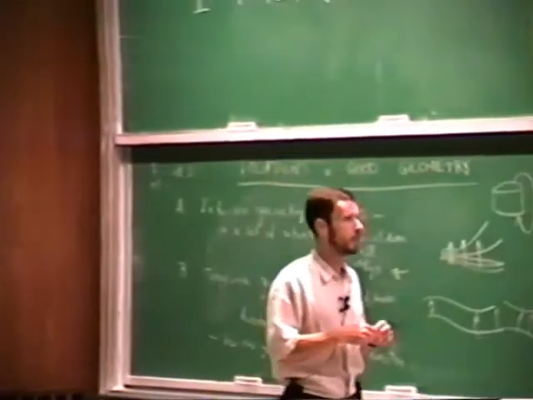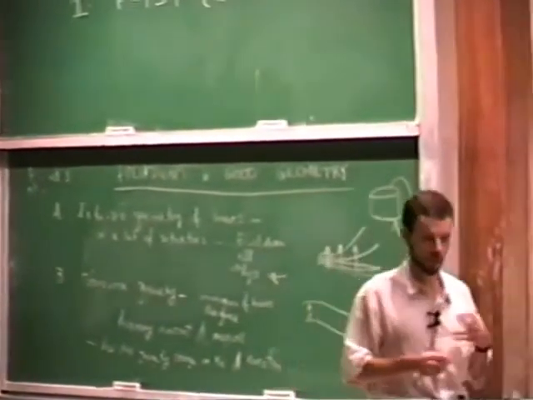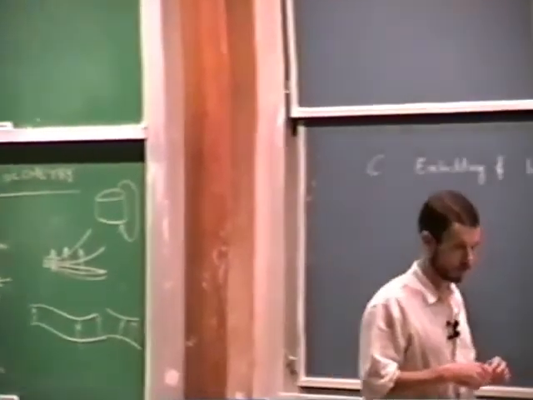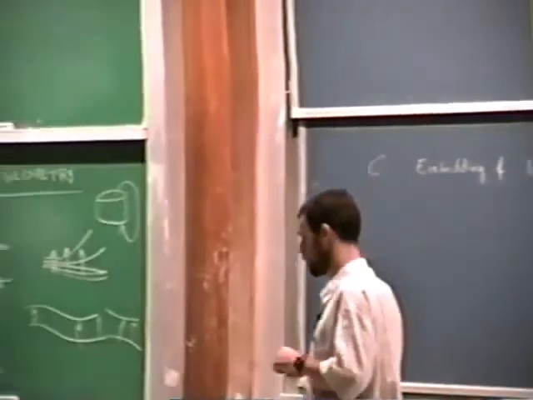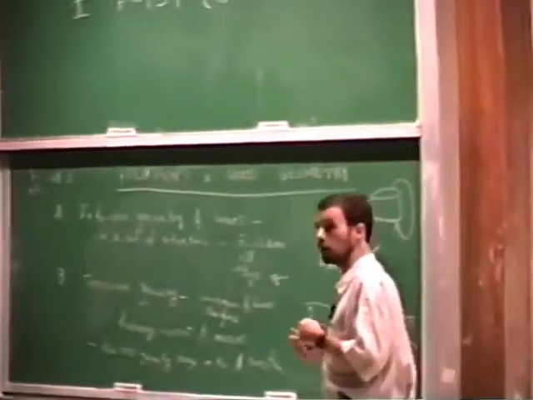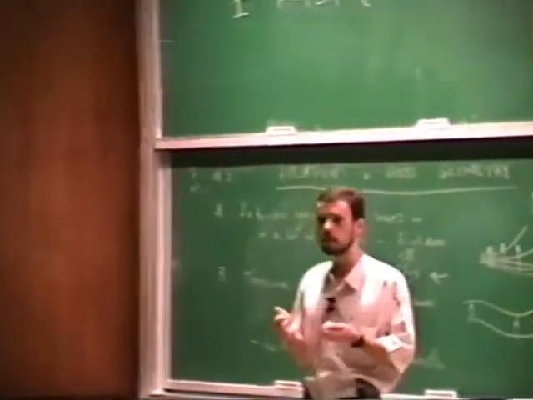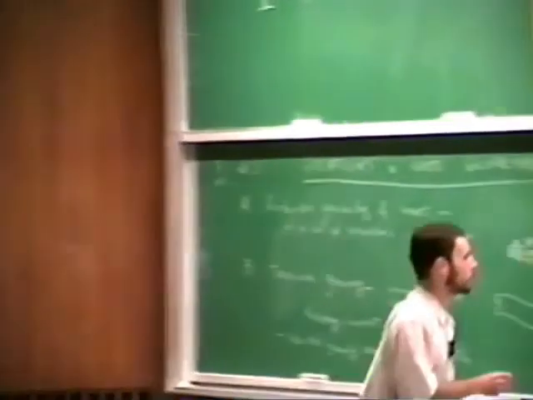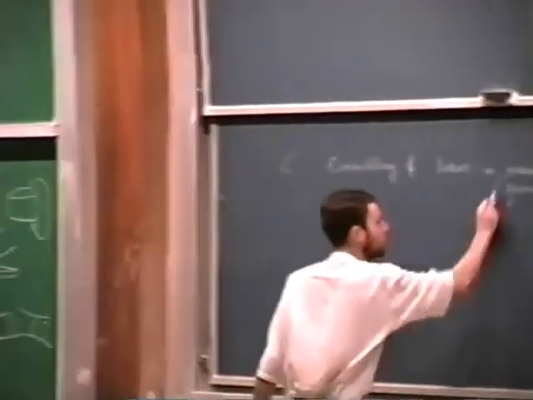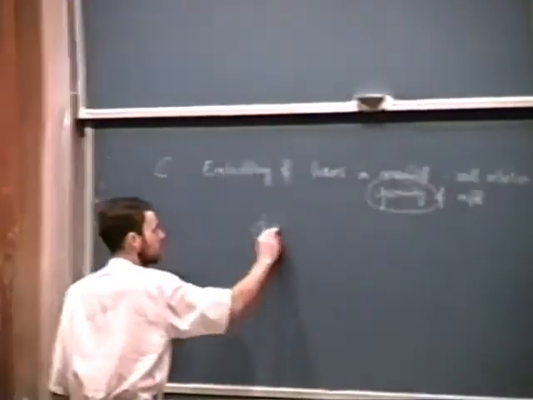I should thank Dave Gabai, because he talked a lot about the topology of foliations and how the foliations, the Reebless foliations, reflect the topology of your manifold. In the same way, I want to ask how the foliation or the leaves reflect the geometry of the manifold. So I'm going to be thinking in terms of geometry here. I'm going to be thinking in terms of distance.